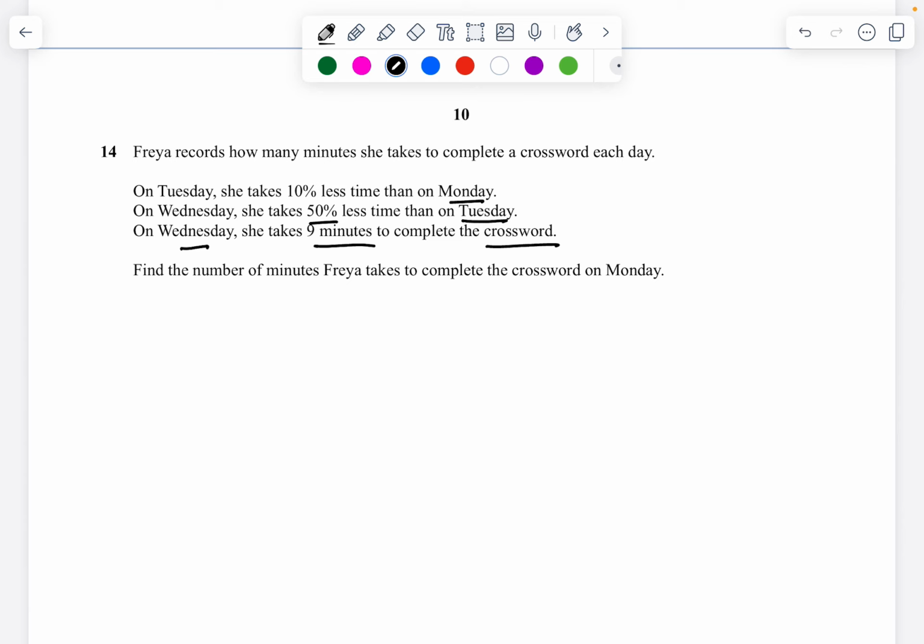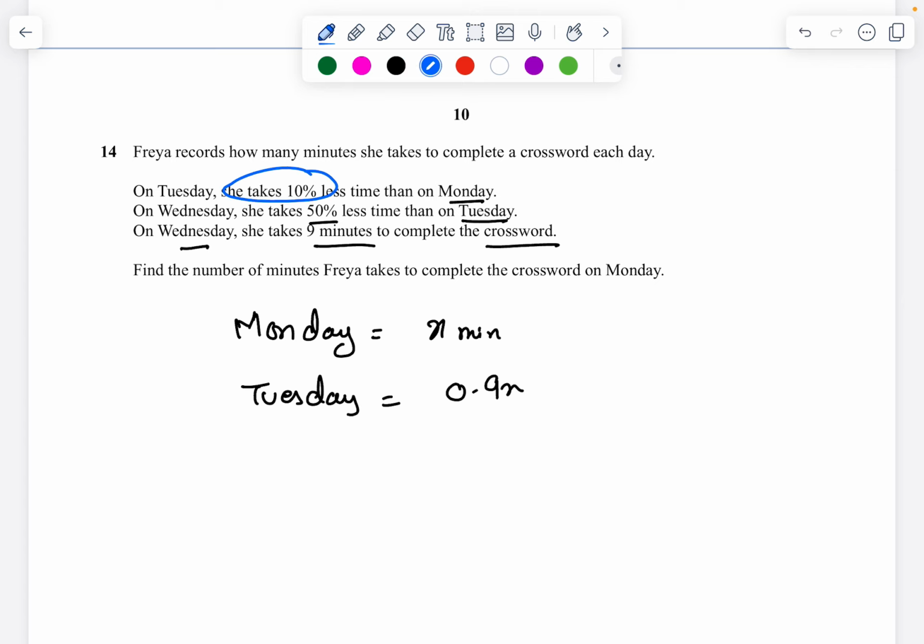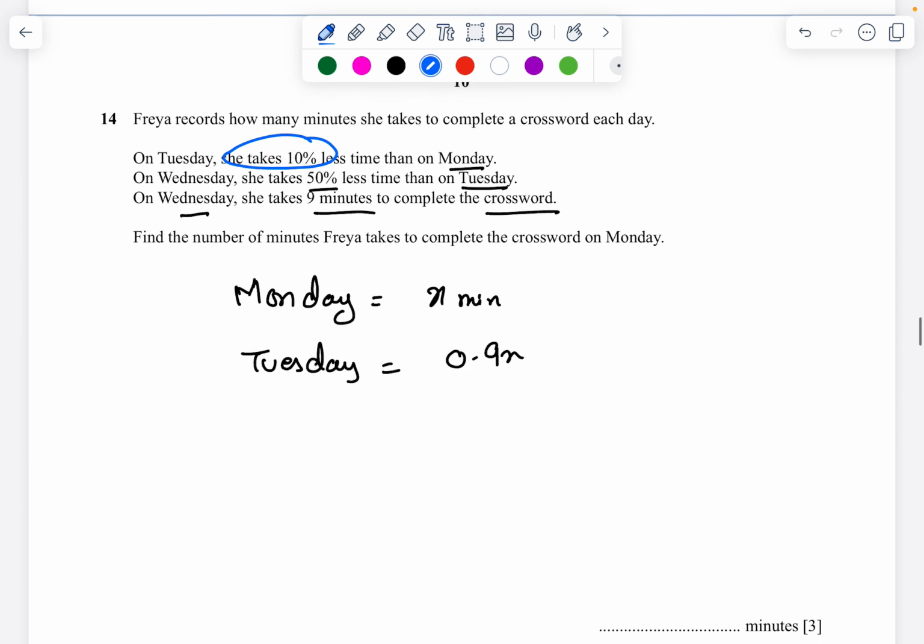So let Monday be x minutes. On Tuesday, it's going to be 0.9x because 10% less means 0.9x. On Wednesday, 50% less time than that.